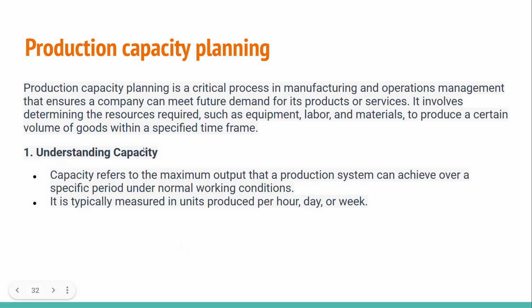Production capacity planning. Production capacity planning is a critical process in manufacturing and operations management that ensures a company can meet future demands for its products or services. It involves determining the resources required, such as equipment, labor, and materials, to produce a certain volume of goods within a specified time frame.